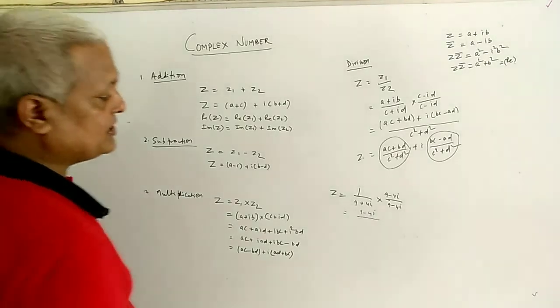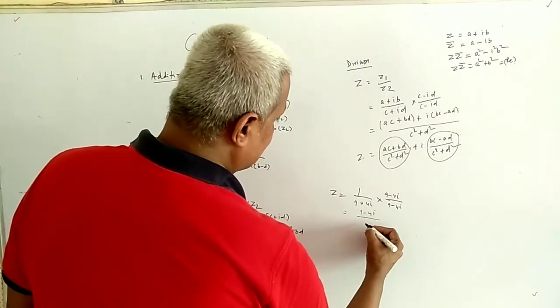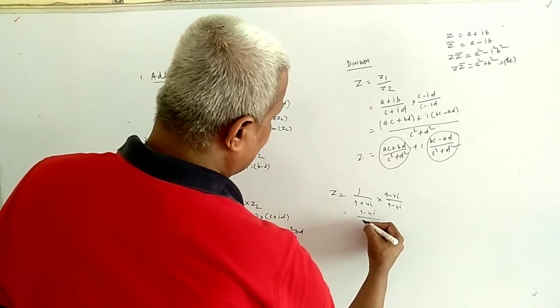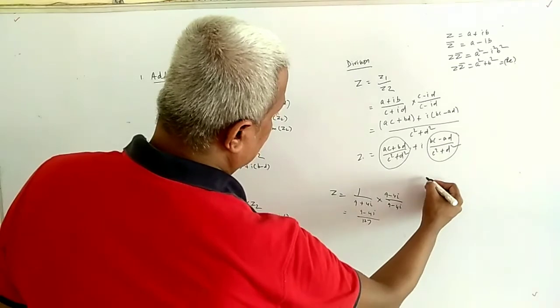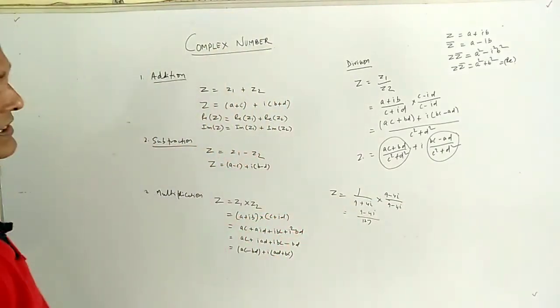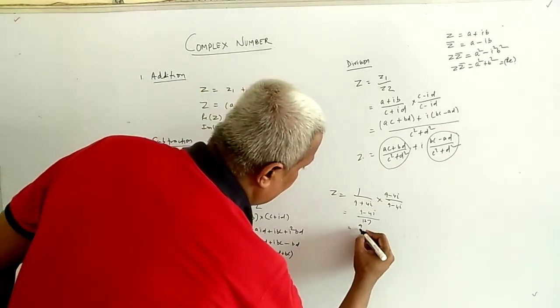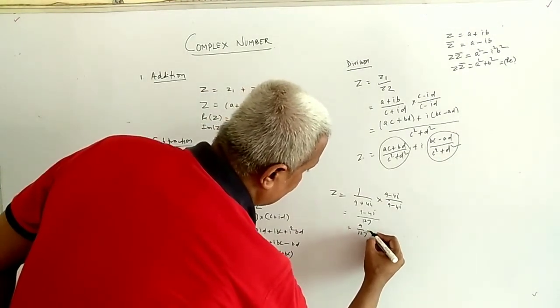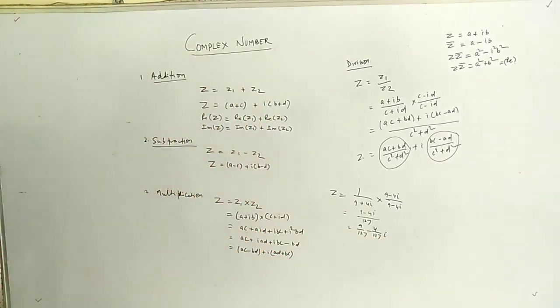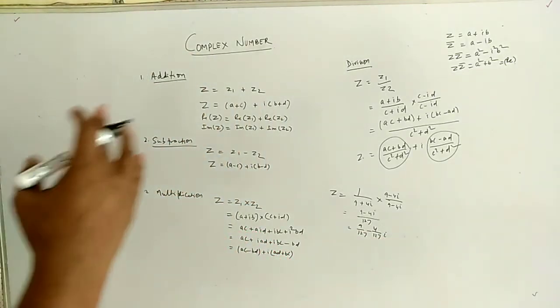So 9 square is 81 plus 16, which is 97. So this number becomes 9 over 97 minus 4 over 97 i. So this is about the simple operations.